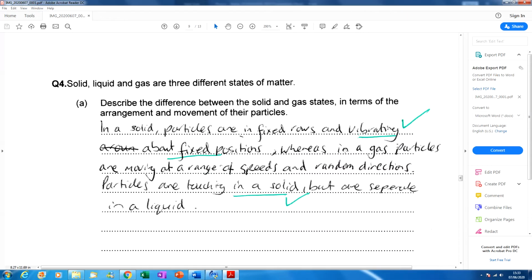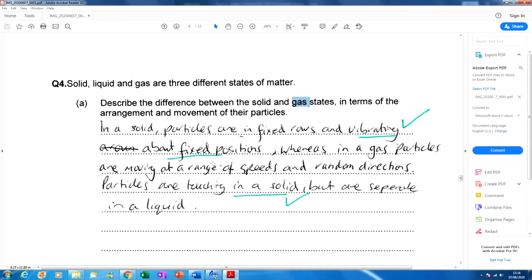Okay. Question 4. Solids, liquids and gases are 3 different states of matter. Part A. Describe the difference between the solid and liquid states in terms of the arrangement and movement of their particles. So, in a solid, particles are in fixed rows and vibrating about fixed positions, whereas, that word again, whereas in a gas, particles are moving at a range of speeds.